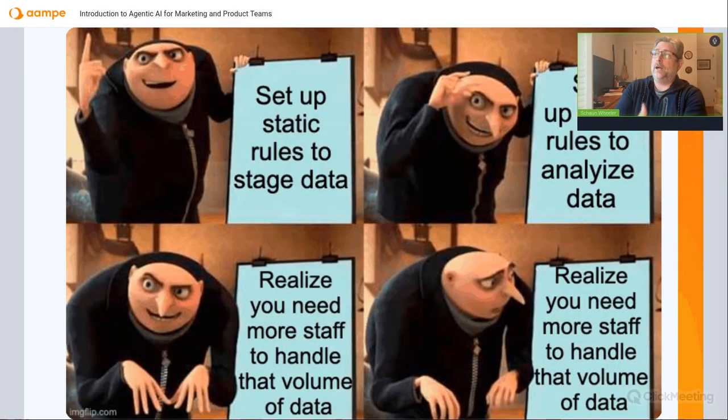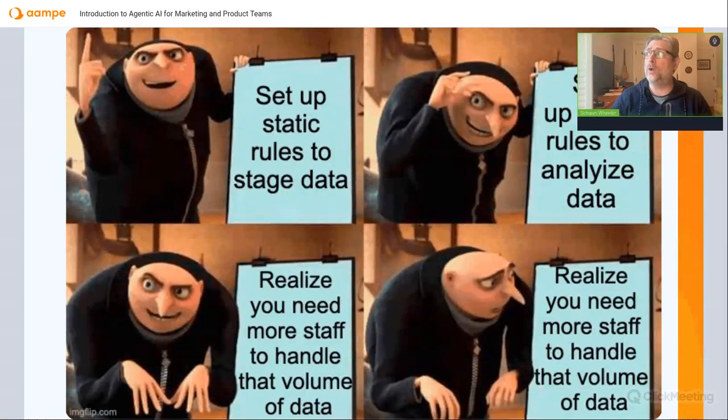This is what companies that, with good intentions, try to stand up a one-stop shop for their data end up facing: they end up having to increase their headcount over and over and over again because they get all of their data and realize it's still not enough to make good decisions. And in fact, realize that they're not even leveraging all of that data.